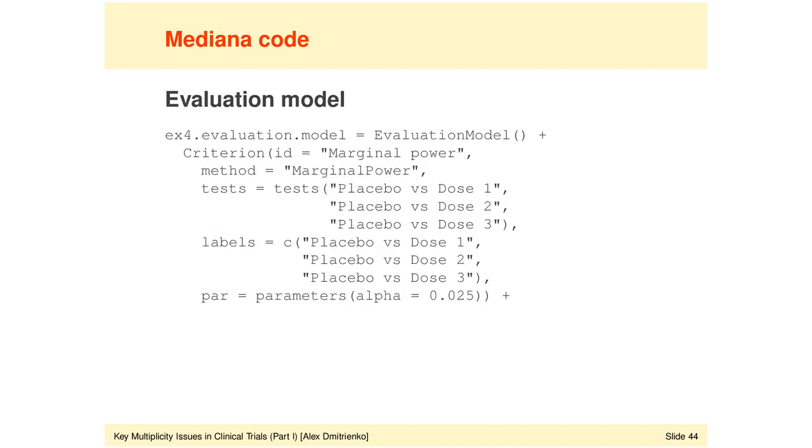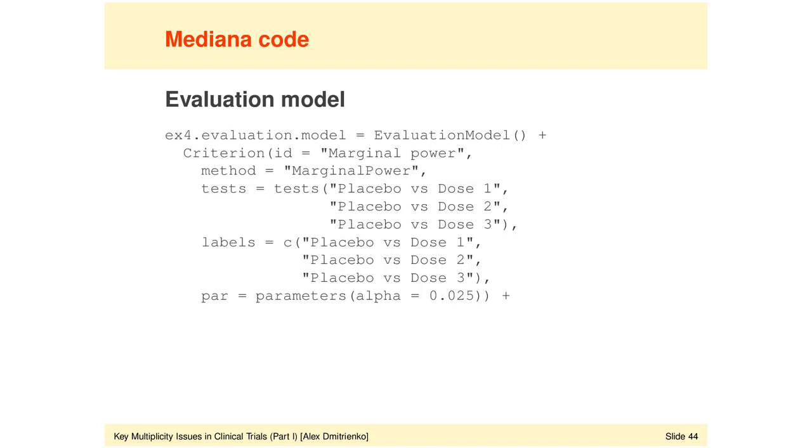Next, the evaluation model is defined using the Mediana package. We begin with an empty evaluation model specified by the evaluation model function without any arguments, and then we add one success criterion at a time. The first one is a criterion based on marginal power, and that is specified using the method argument of this criterion function.